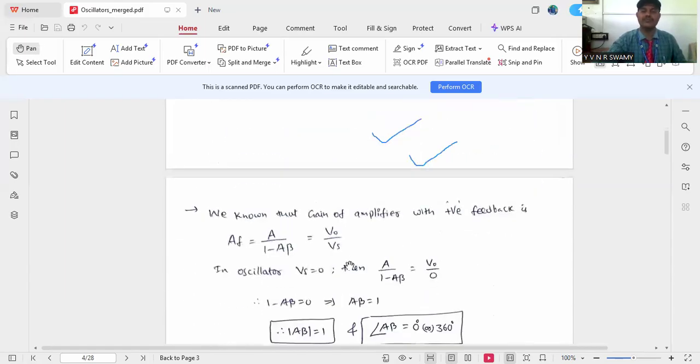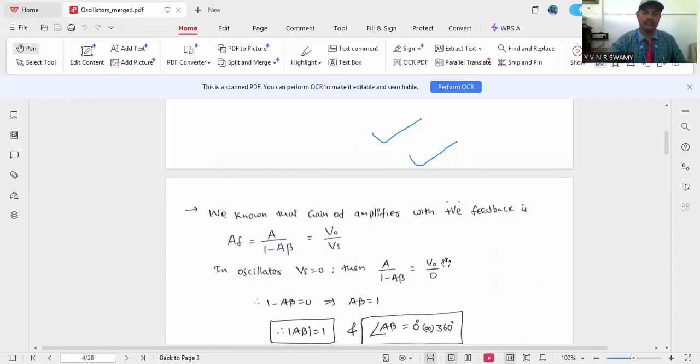oscillations. We know that the overall gain of an amplifier with positive feedback is AF equal to A by 1 minus A beta, which is equal to output by source signal. But in oscillators, we are not giving any source signal. If Vs is equal to 0, then the overall gain AF equal to A by 1 minus A beta equals V naught by 0.